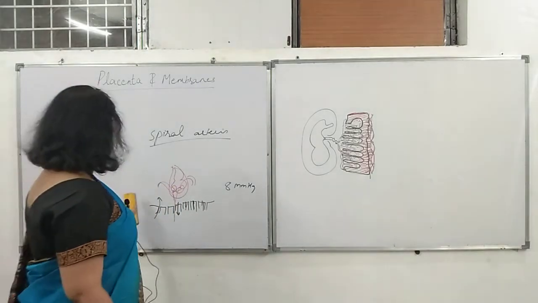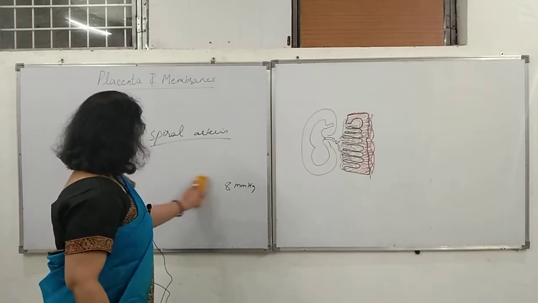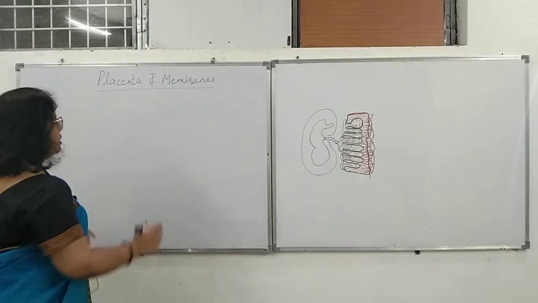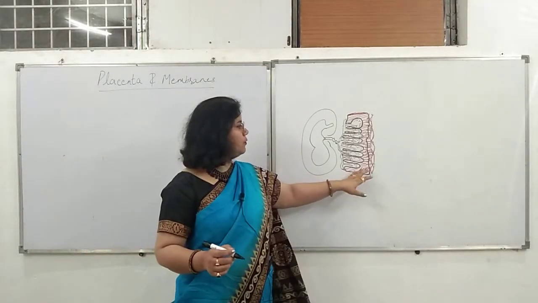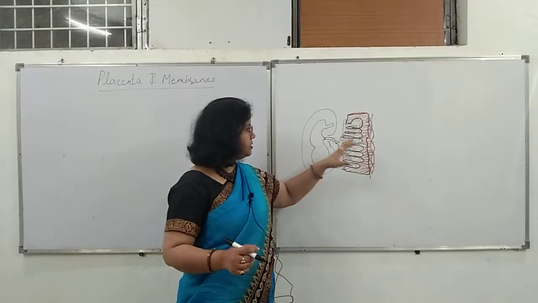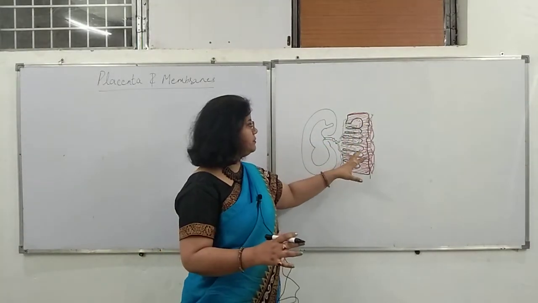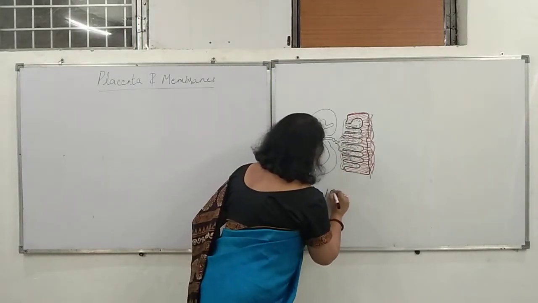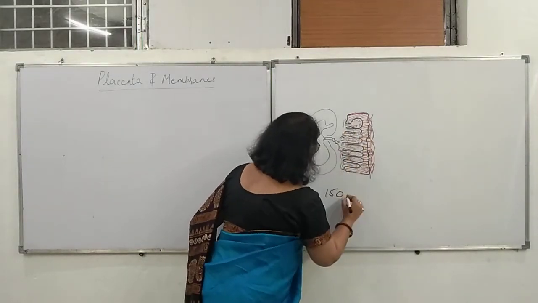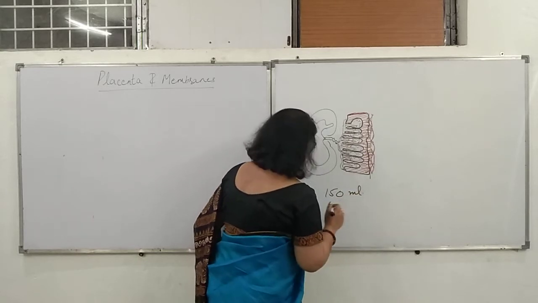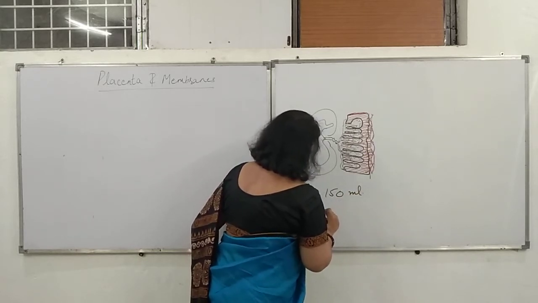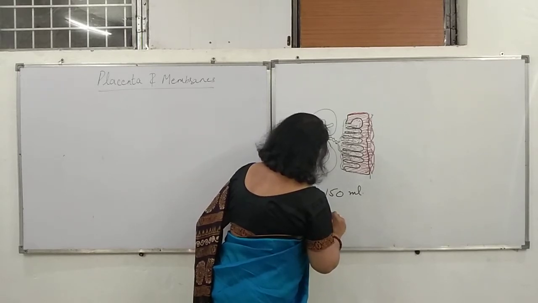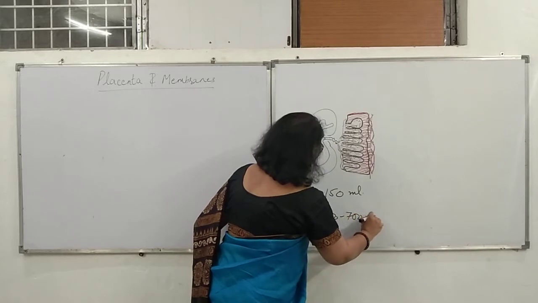When the pressure is so low, the blood is not moving fast, and some stagnation takes place for some time. The amount of blood present in the intravillous space is 150 ml only, and as we have seen, the blood flow in the uterine arteries is around 600 to 700 ml per minute.